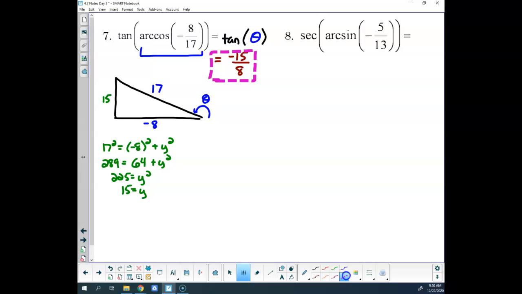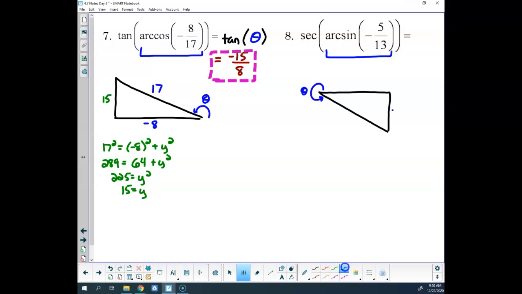The secant of the arc sine of -5 over 13. All right. So this arc sine of -5 over 13 is in quadrant number 4. Arc sine is negative down there. So that would put my theta all the way around there.